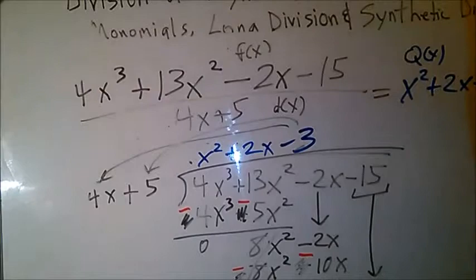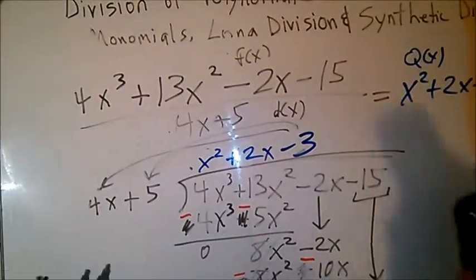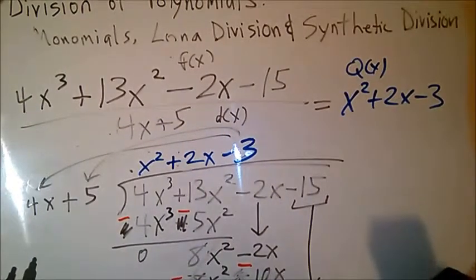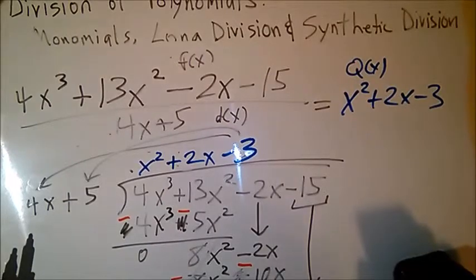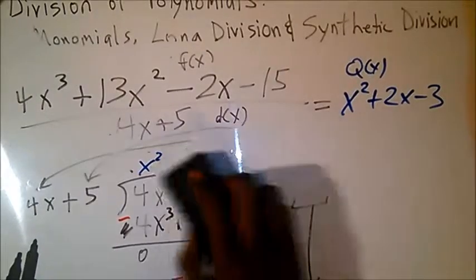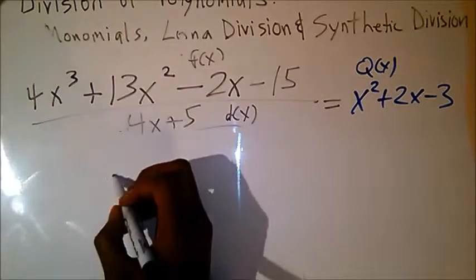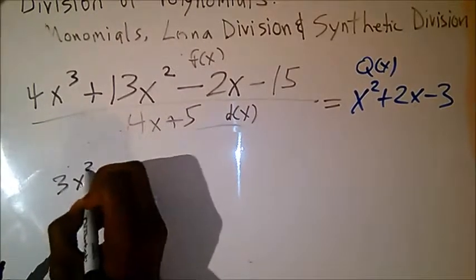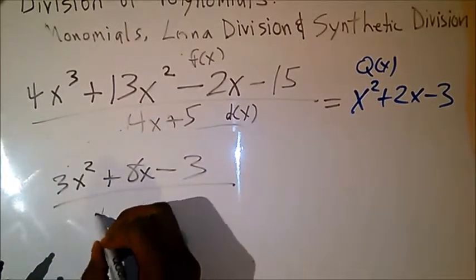Okay, let's do another one. But first I want to say that long division here can be helpful in finding zeros of polynomial functions. Zeros are our x-intercepts or our roots. For example, we previously divided this function here. We had 3x squared plus 8x minus 3 divided by x plus 3.